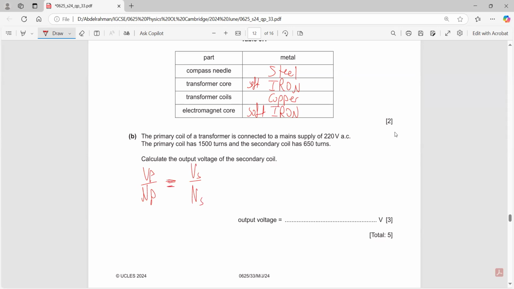VP is the primary voltage, 220, over NP, which is 1500, equals VS over NS, which is 650. Cross multiply: 220 times 650 divided by 1500. This would give you an output voltage of 95 volts. Okay, really good.